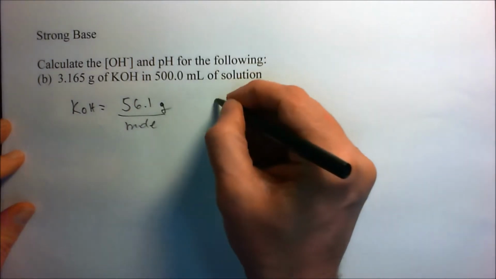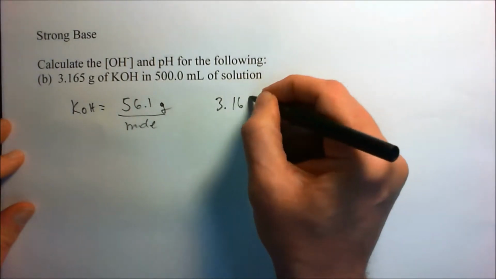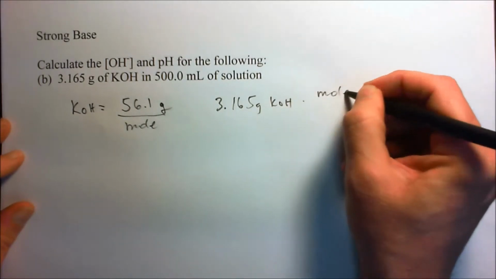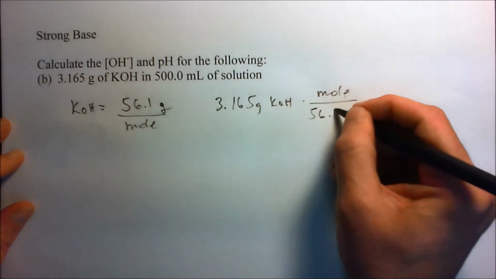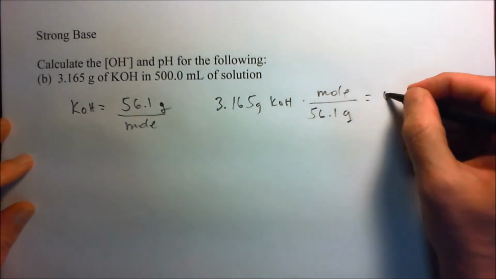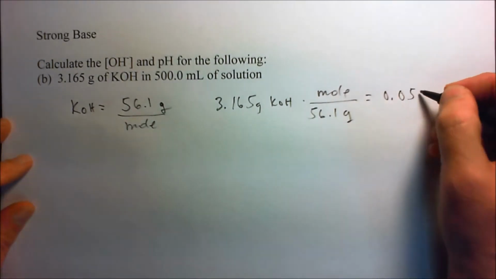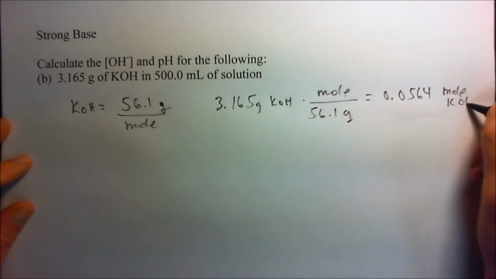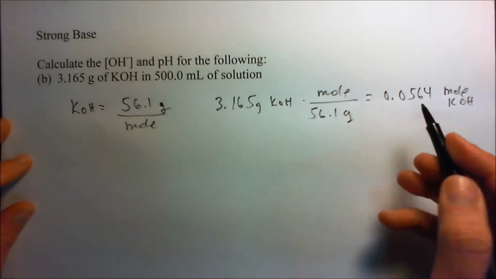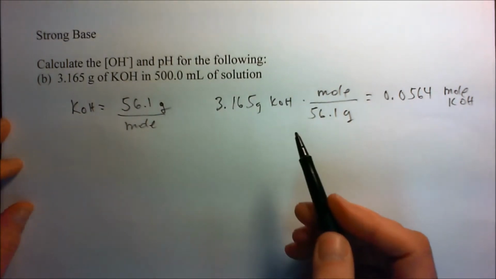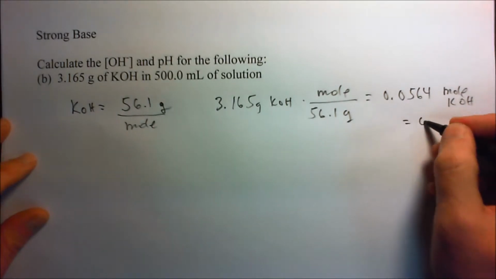So if we have 3.165 grams of KOH, then a mole of that is 56.1 grams, and that gives me 0.0564 moles of KOH. And since it's 1-to-1 for KOH to hydroxide, that's also equal to the moles of hydroxide that I have.